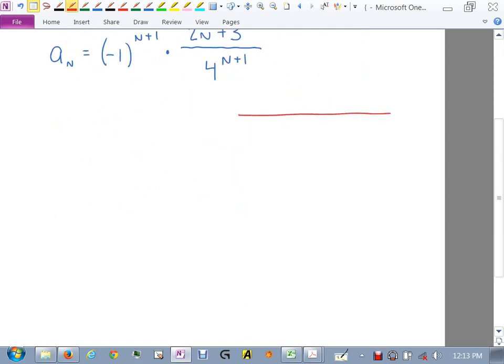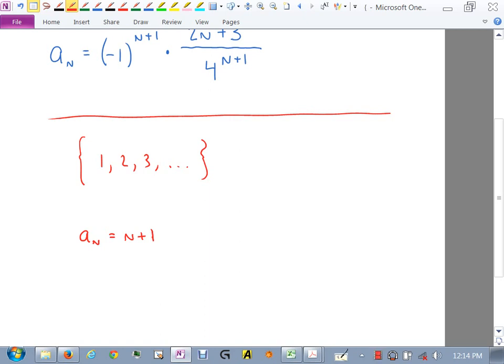Okay, how about this one? I like to give this one because students will be like, what? 1, 2, 3, 4, 5. A sub n equals, almost, n plus 1.